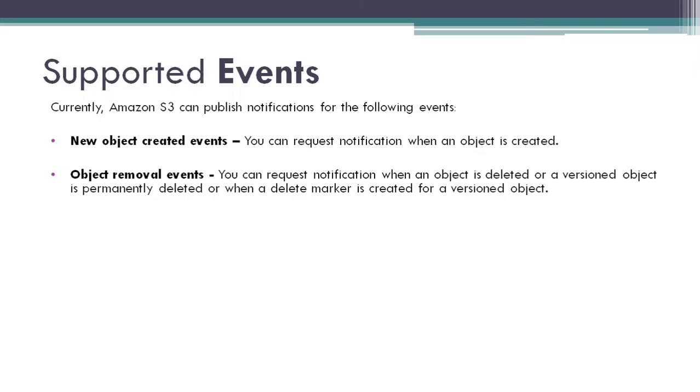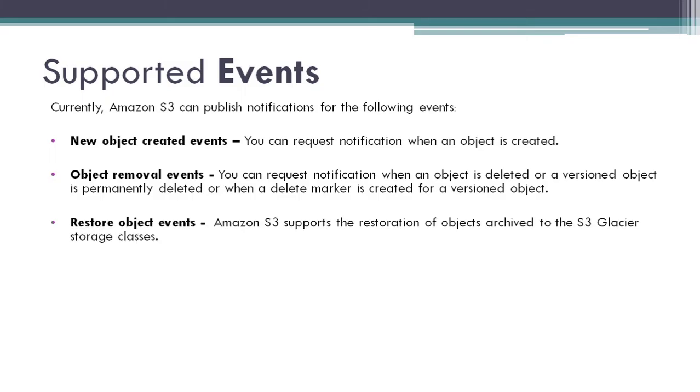If your bucket is non-versioned, then you will get notified for a deleted object. If your bucket is version enabled, you can set events for permanent deletion, or you can select the event for when a delete marker gets added.